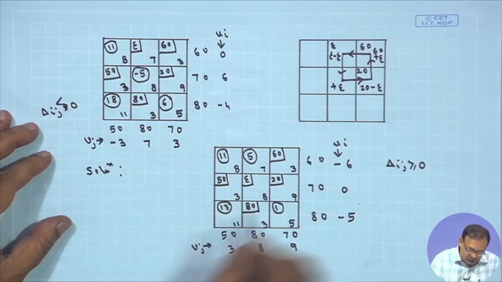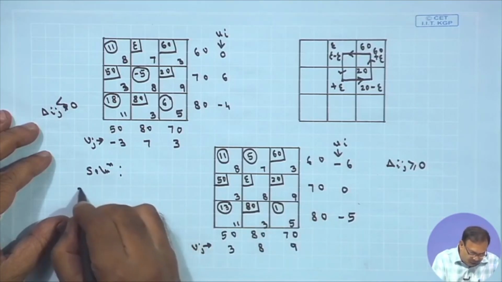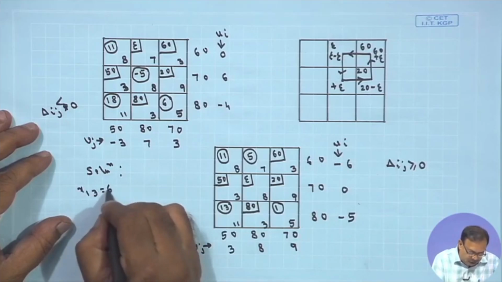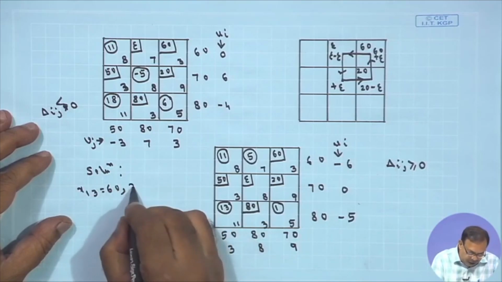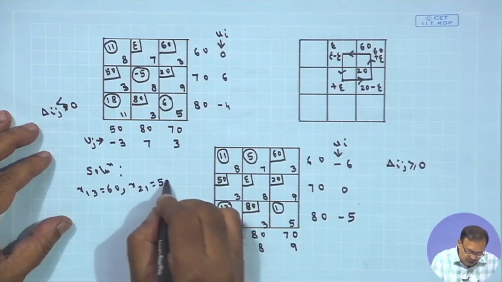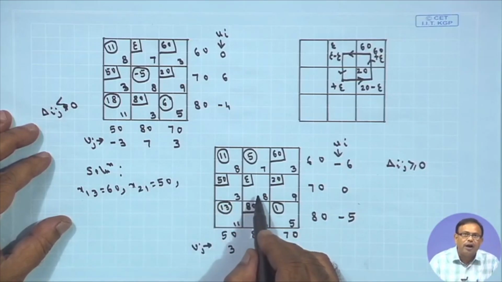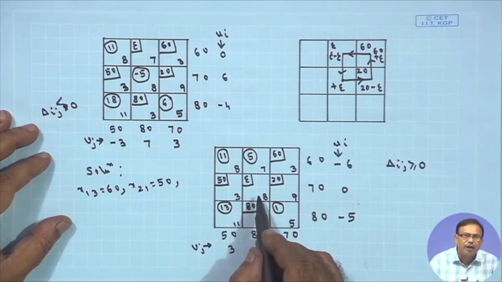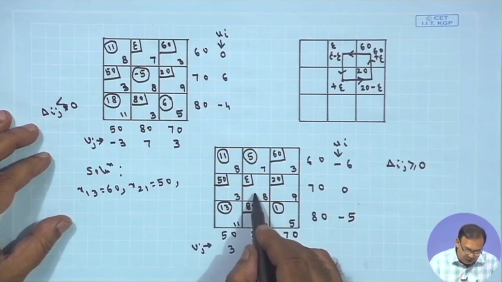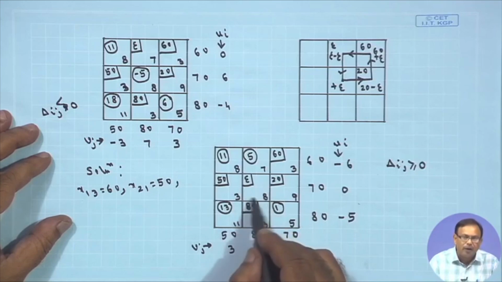The optimum solution is x13 equals 60, then x21 equals 50. You will not assign anything here because epsilon is a very small quantity approaching 0, so nothing will be occupied over here.